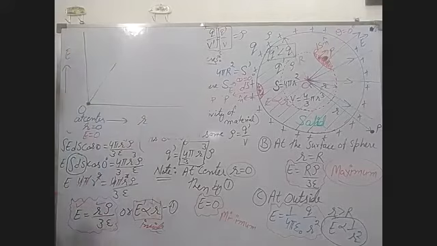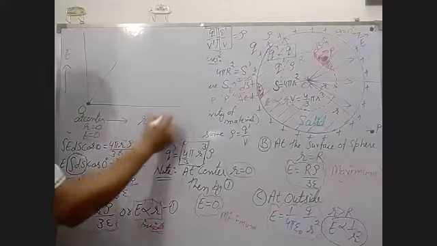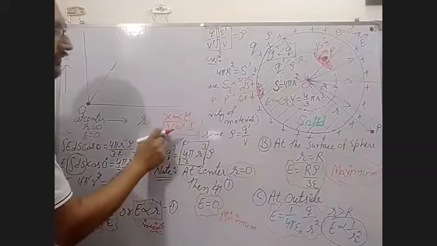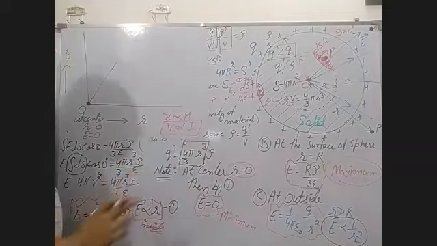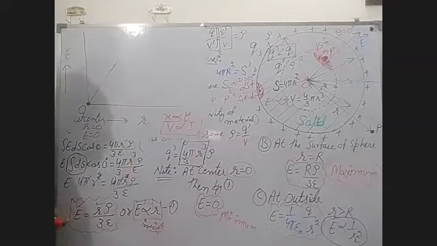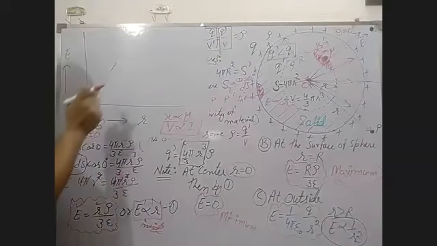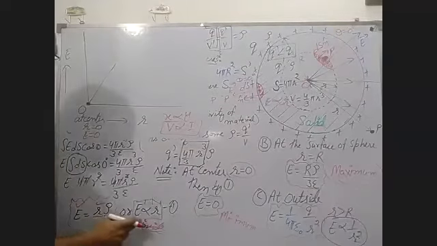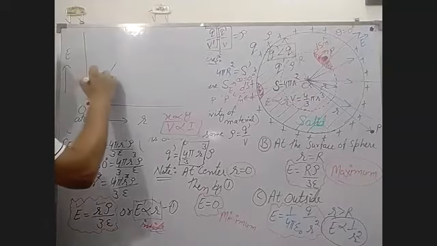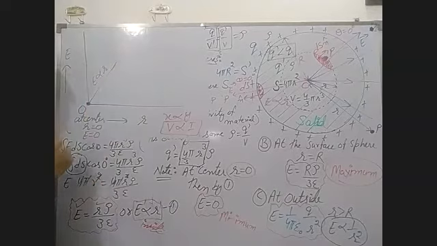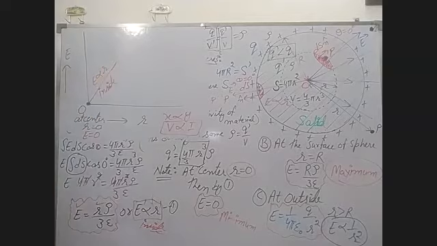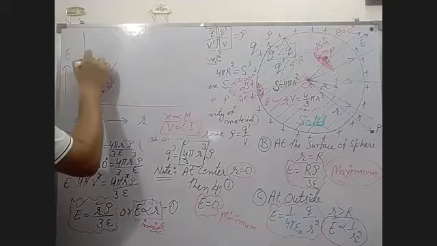Just like in 10th class, if V is directly proportional to I, voltage power is 1 and current power is 1, the graph is a straight inclined line. In this way you have to draw the graph between E and small r. Got it? This is the condition inside the sphere, so this is your first case.